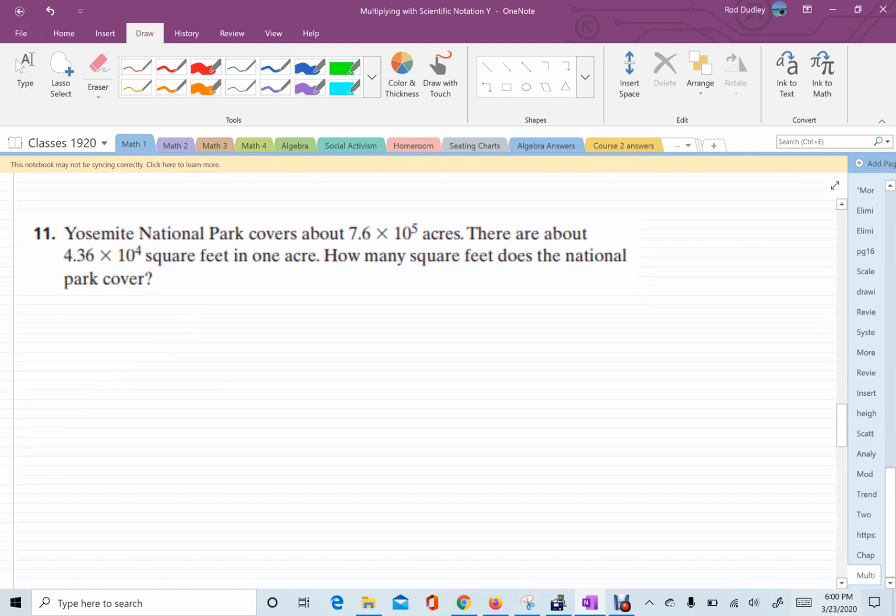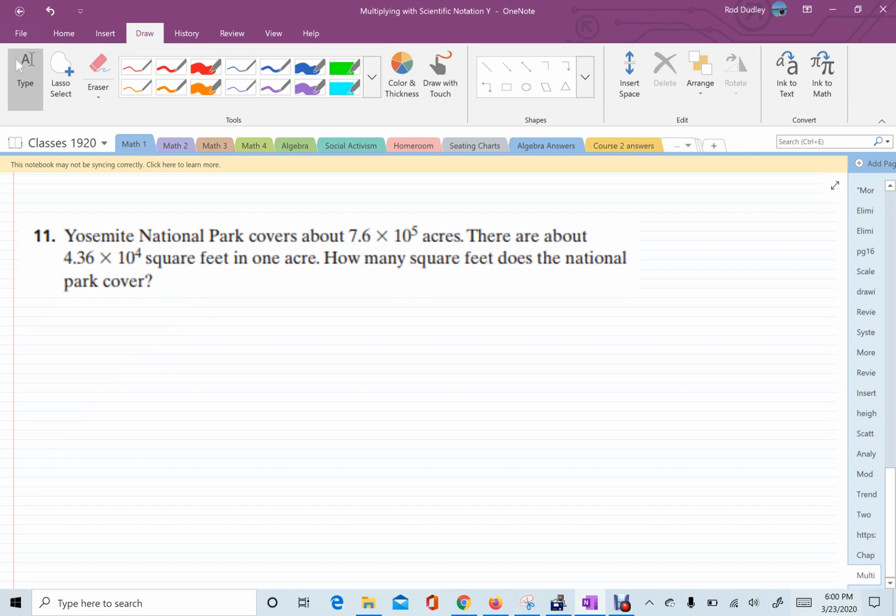And this is our last one. Let's try this. Yosemite National Park covers 7.6 times 10 to the 5th acres. There are about 4.36 times 10 to the 4th square feet in 1 acre. How many square feet does the national park cover?